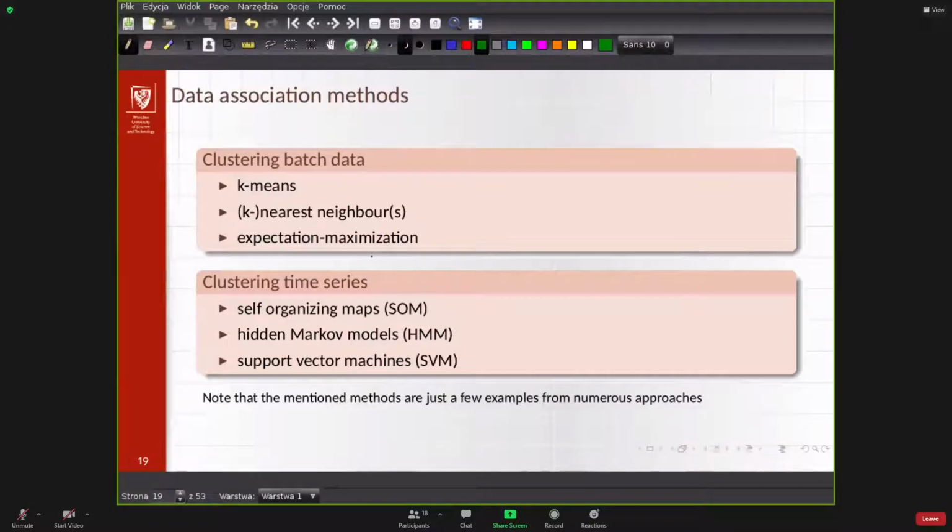Those are clustering in space, but you can also cluster elements in time series. So you can use the methods of self-organizing maps, hidden Markov models, support vector machines, which are used to represent the data that change in time. And for example, you want to recognize the objects.